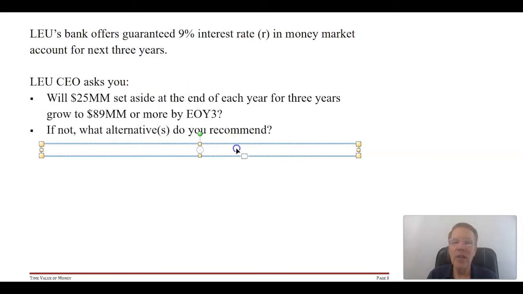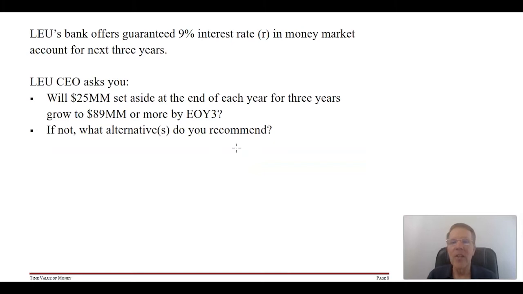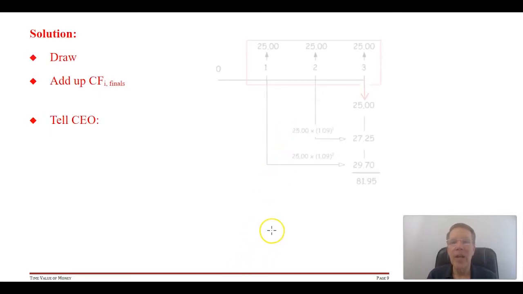And you find yourself working for LEU at this time, and the CEO asks you, will 25 million set aside at the end of each year for 3 years grow to 89 million or more by end of year 3? Of course, putting it in this money market account. And if not, even though you're just an intern, you haven't even graduated yet, he wants to know your recommendation. Okay, so how are we going to solve this?